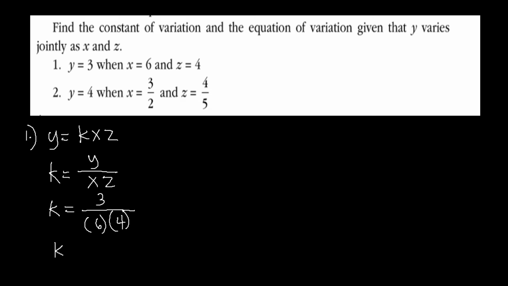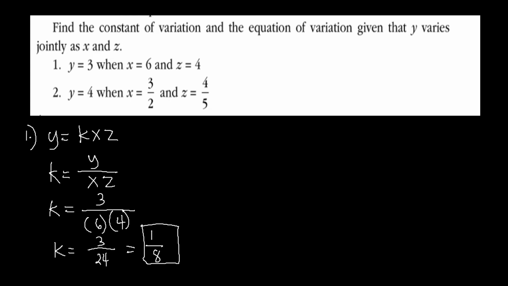Okay, so we have k is equals to 3 over 6 times 4 is 24. So, we have our k equals, write natin sa simplest form, that is 1 over 8. So, our k is 1/8. Okay, so this is now our k. Ito na yung ating k.